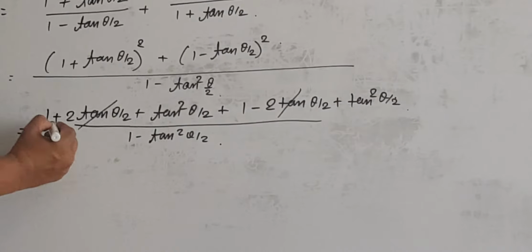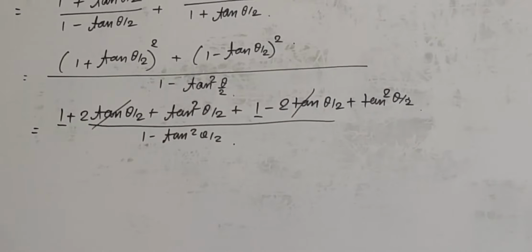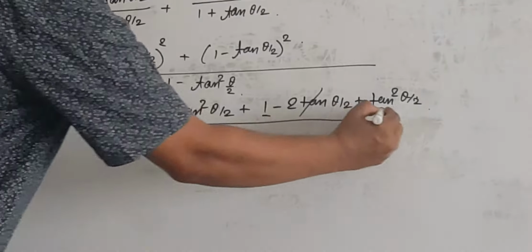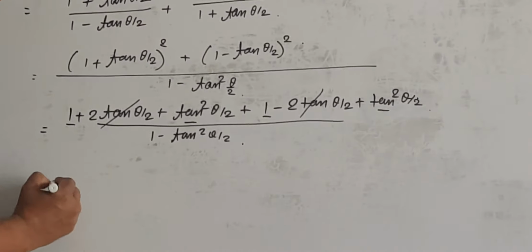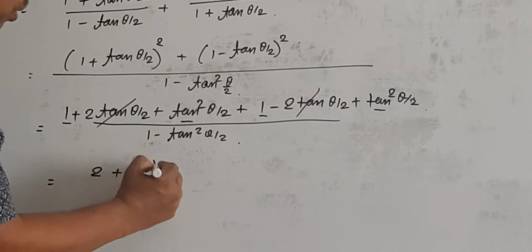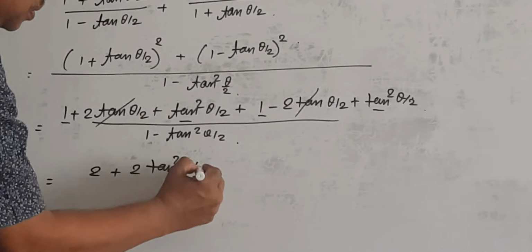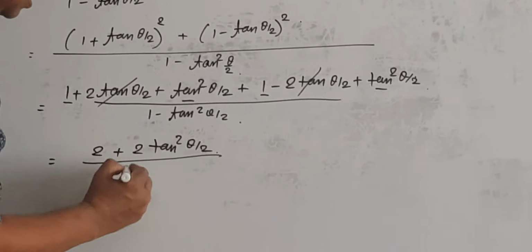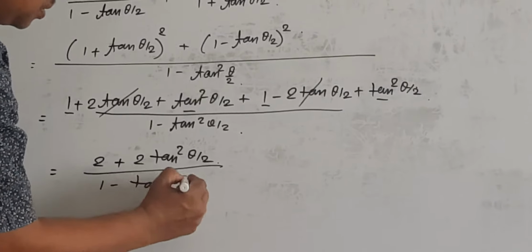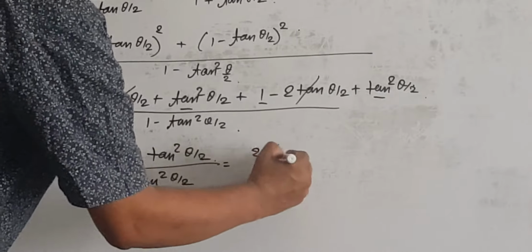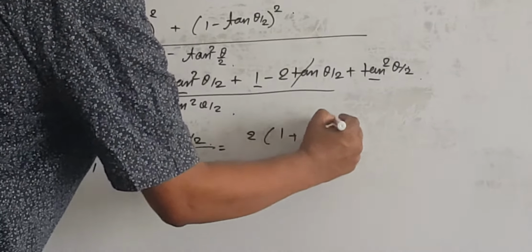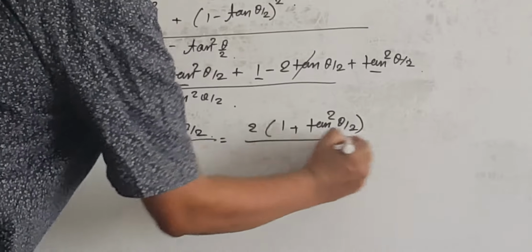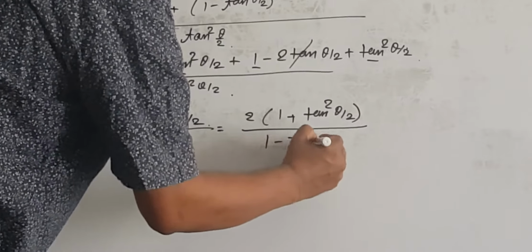You can see the 2 tan theta/2 terms cancel. The remaining 1 and 1 become 2, and tan square plus tan square become 2 tan square. So 2 + 2 tan square theta/2 upon 1 − tan square theta/2. You can take 2 common, so it is 2(1 + tan square theta/2) upon (1 − tan square theta/2).